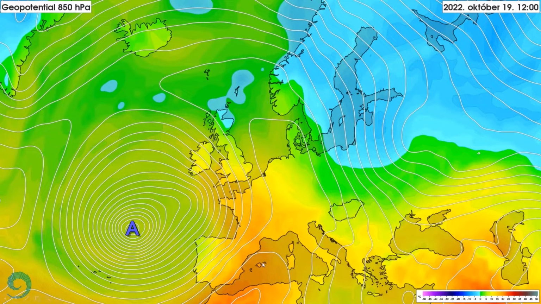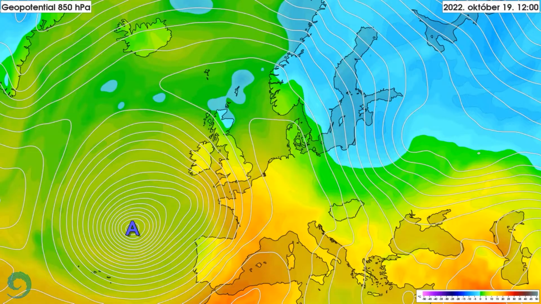So I think it's a typical weather situation. So you can see here the cold air. The cold air will be moving to the south and the southeast, and it reached Hungary today, but it will be colder the next few days.